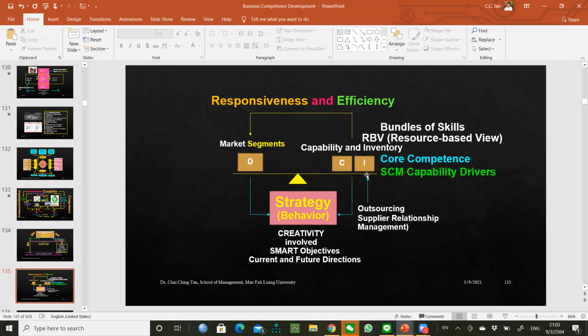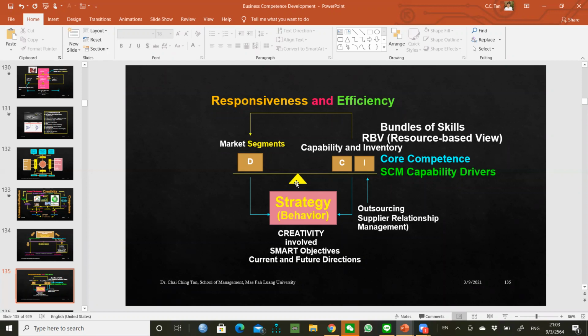Sometimes you're outsourcing, sometimes you need to build up yourself, and then you deliver the operations objectives or the customer value propositions, such as in terms of responsiveness and efficiency, which are two important operations requirements, right? Either you are efficient in doing it, and have the ability to respond flexibly or quickly, targeting the market segments, and then generate a lot of data and modify your strategy, which is the pivoting point, right?